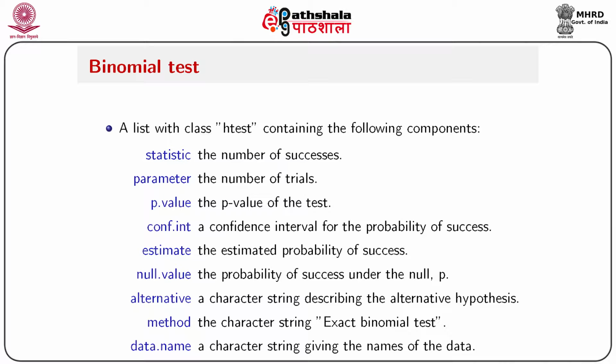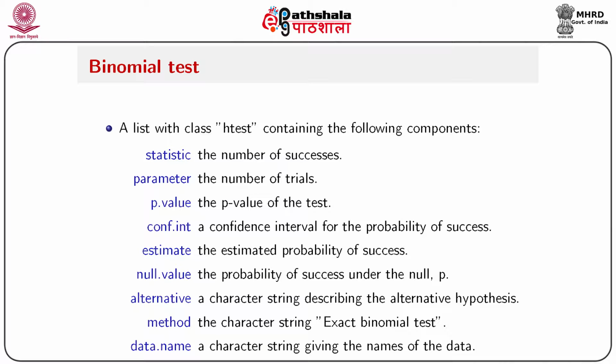A list with class htest containing the following components, that is the values that would be returned by running this function: the statistic, the number of successes; parameter, the number of trials; p.value, the p-value of the test; conf.int, the confidence interval of the probability of success; estimate, the estimated probability of success; null.value, the probability of success under the null p; alternative, a character string describing the alternative hypothesis; method, the character string exact binomial test; and data.name, a character string giving the names of the data.